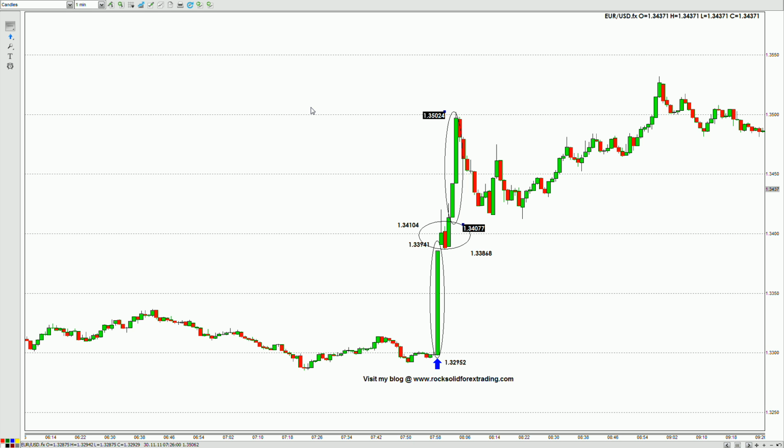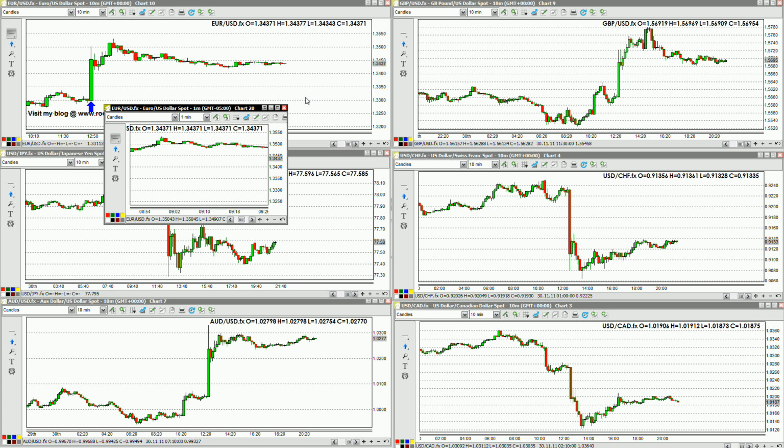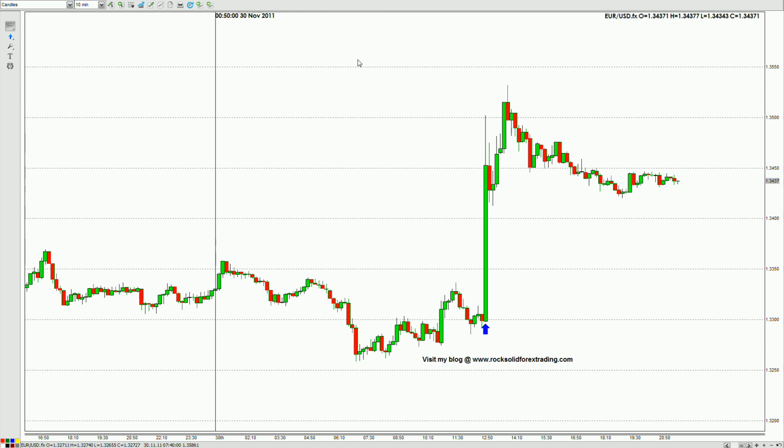The reason why I mention this is because the Forex market is really not a market well equipped to trade on large time frames. It's not a market really for holding positions for extended periods of time.